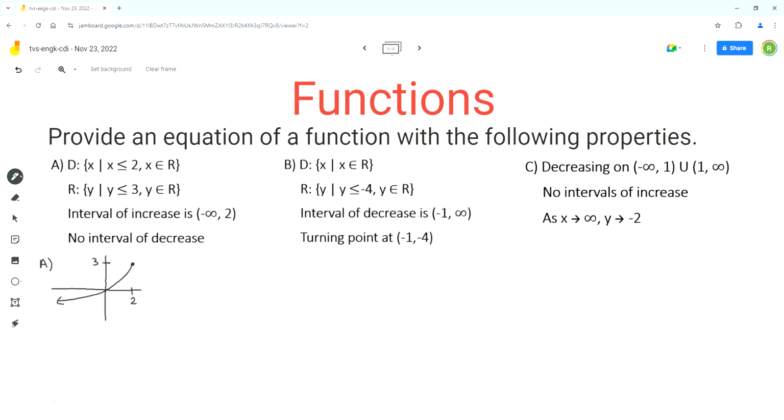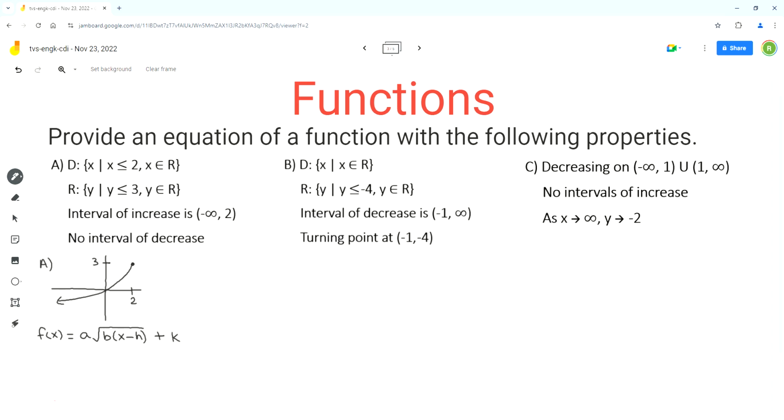So let's start by writing the general equation of a transformed square root function. Different teachers use different letters for a, b, h, and k, but the resulting transformations are the same.